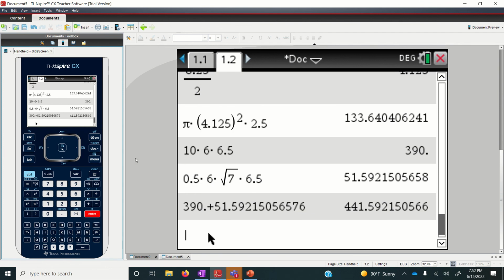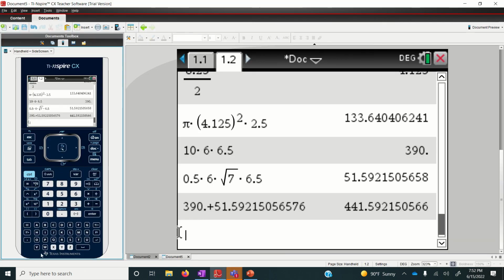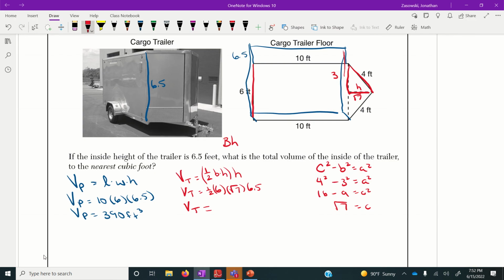And then we're just rounding to the nearest cubic foot. So we can actually round this one right away. So this is 51.592. And then the total volume is 390 plus 51.592.